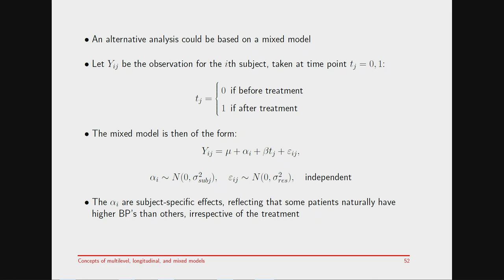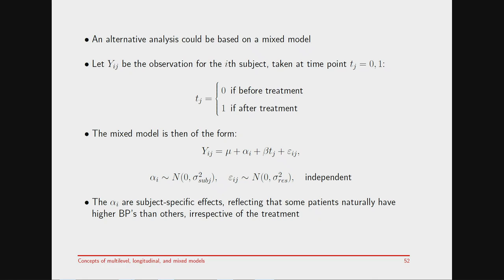And then the mu would be your overall intercept, and that's going to be the average value in diastolic blood pressure before the treatment, if time is 0. And after the treatment, the average would be mu plus beta. And so the difference between the two, that's beta. And then you have your alpha i here, which is the subject effect, the variability between the patients.